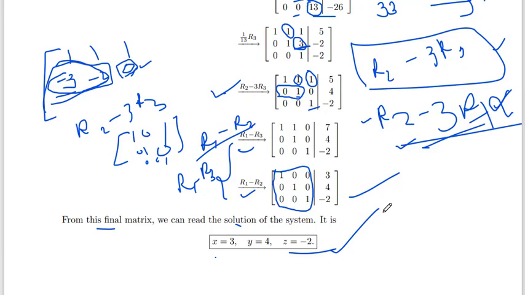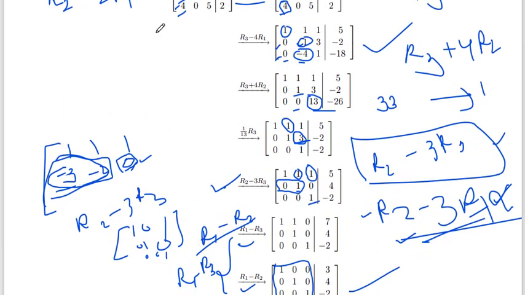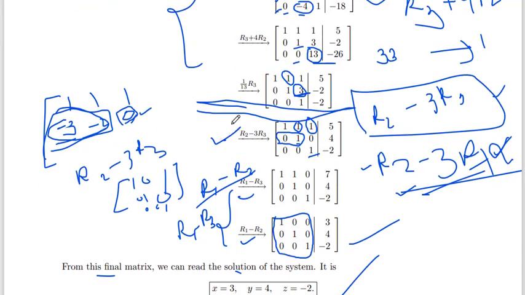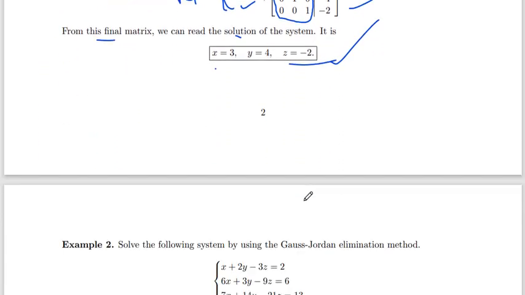We directly get the answer with the help of Gauss-Jordan. It is the same as Gaussian elimination with these steps, but we add an extra step in Gauss-Jordan elimination because we want to transfer this matrix into the identity matrix. So this is the Gauss-Jordan elimination method.